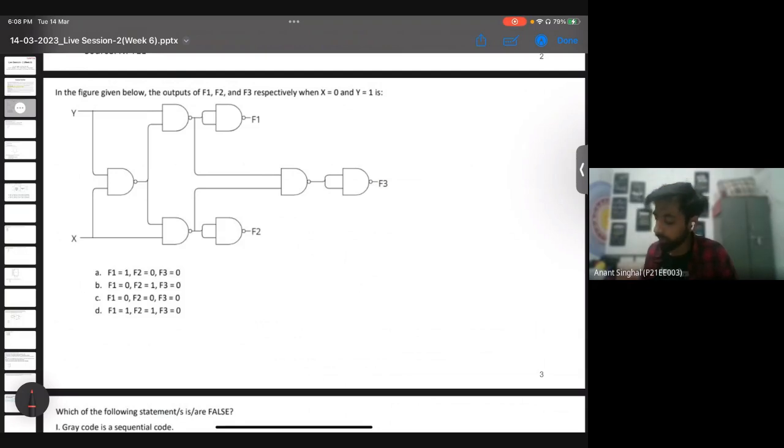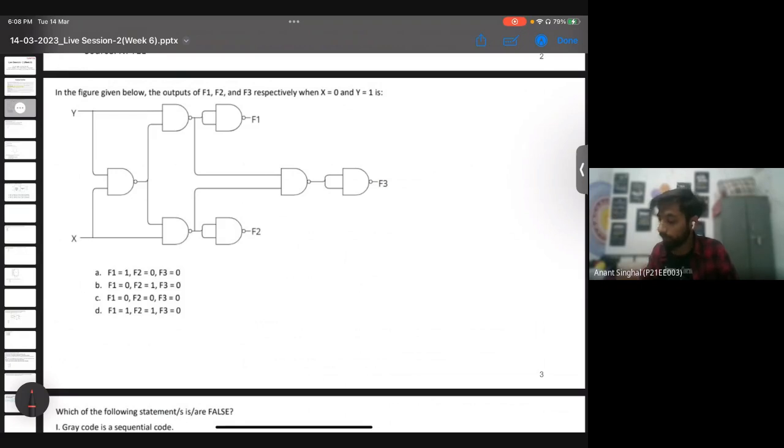As you can see in this question, what is F1? F1 is when x and y are XORed, we are using a NAND gate first. So X and Y NAND, and then this X and Y NAND is NANDed with Y, and then again it has been inverted.